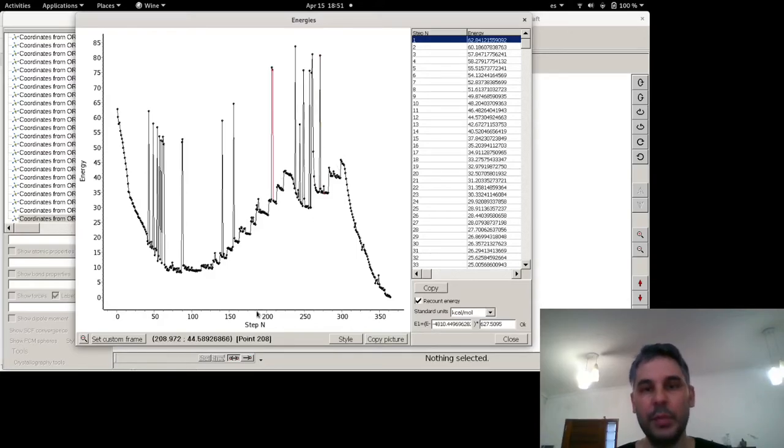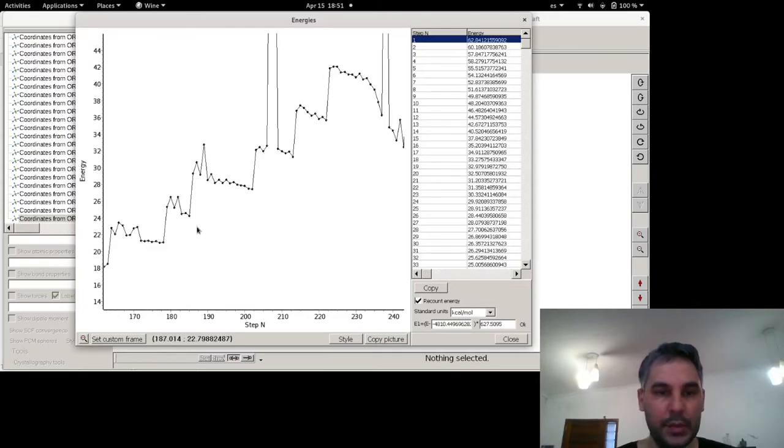But I have to be clear, this again is plotting all the steps. What we plot when we do a relaxed surface scan are the minimum values. If we take this region here, you would see that this jump corresponds to changing the step of the cobalt oxygen distance, and then there's a period of several relaxation cycles which at the beginning oscillate a little bit and then converge to a value, and when the geometry has converged, we shift the distance that we are scanning, which has been fixed throughout this optimization.